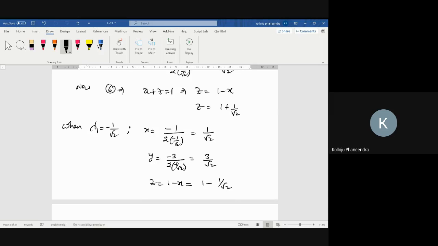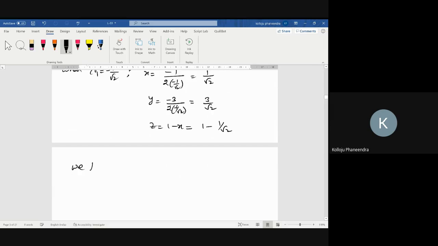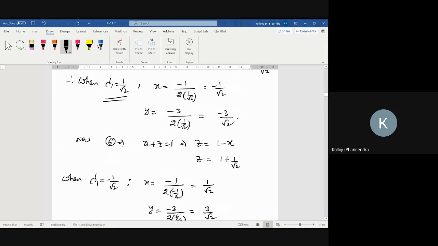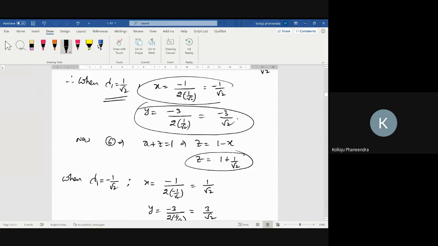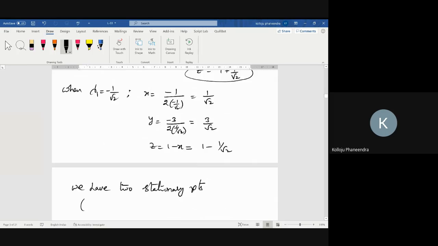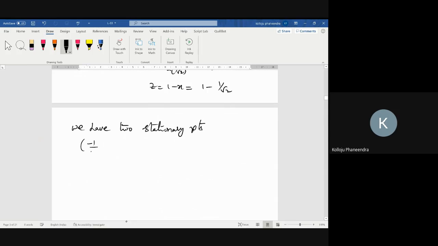Therefore, how many stationary points? 2 stationary points. What are those? First one is corresponding to 1 by root 2. This is x value, this is y value, and this is z value: minus 1 by root 2, minus 3 by root 2, 1 plus 1 by root 2.